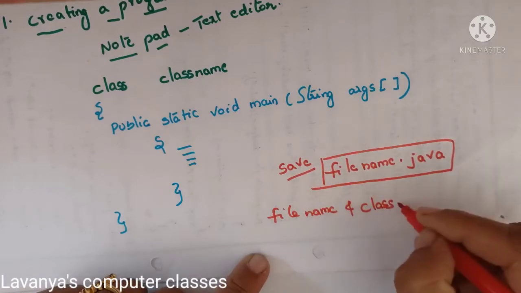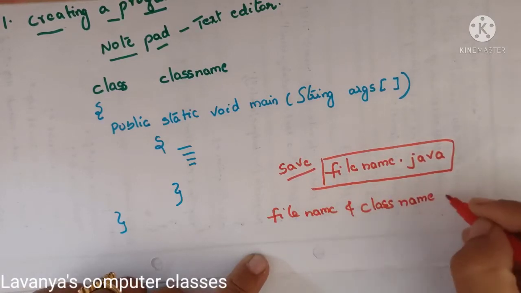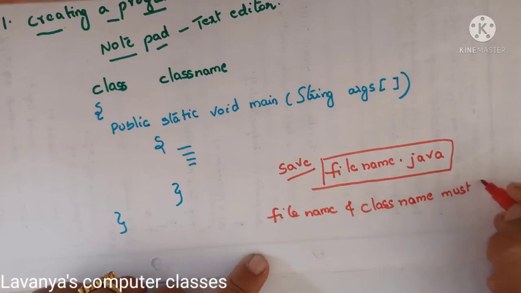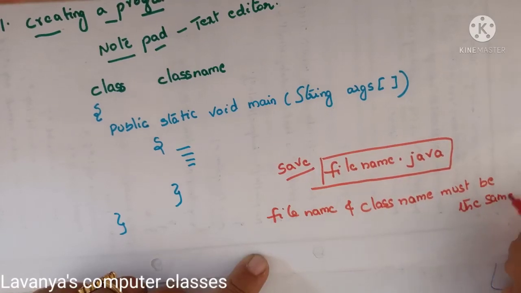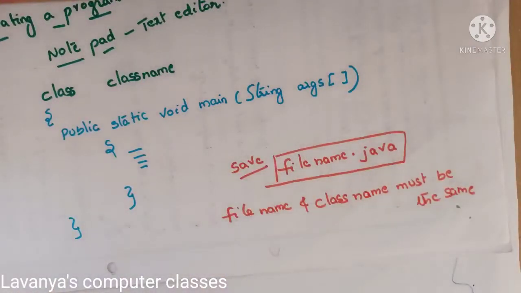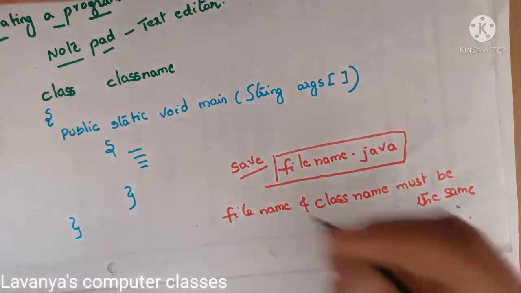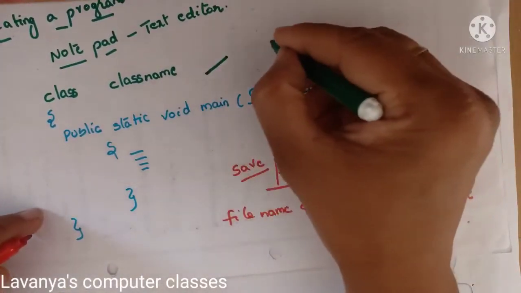The file name's first letter should also be capital. File name and class name both are equal. The extension of the program is Java because it is a Java program. So this is the first step of creation of a Java program.